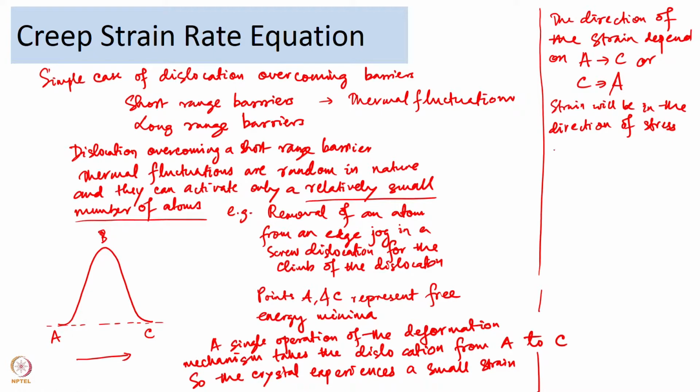and so positive work is performed here. The stress is making the dislocation move, and there is some strain generated in the process. The product of stress and strain will give you energy.